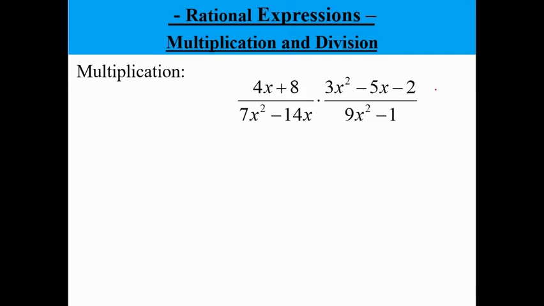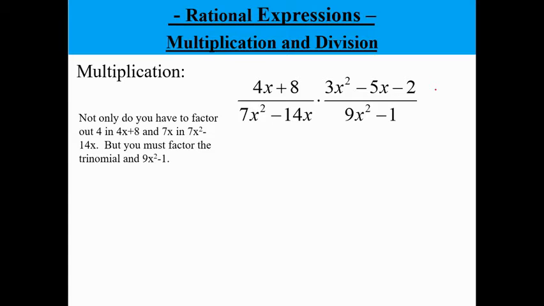Let's take a look at this. So we have a 4x plus 8 divided by 7x squared minus 14x. Then we have another quadratic, 3x squared minus 5x minus 2 over a 9x squared minus 1. Do you see what type of factoring we are going to have to do here?